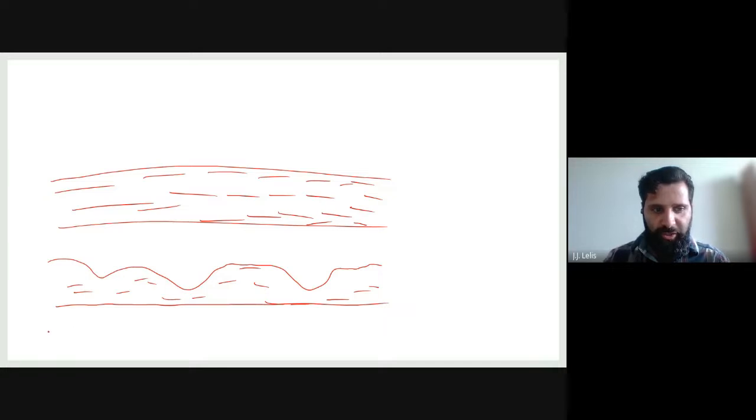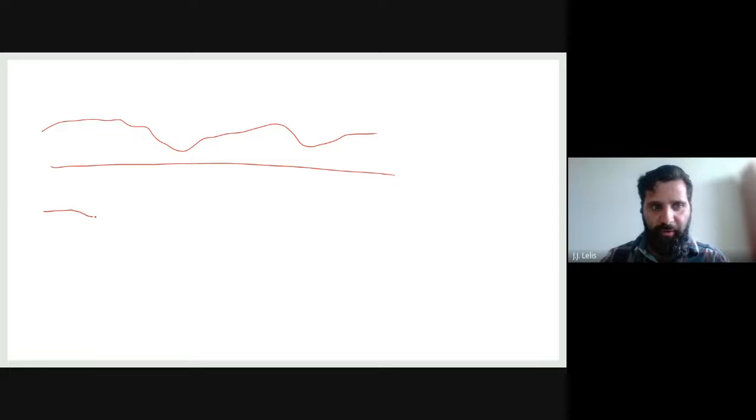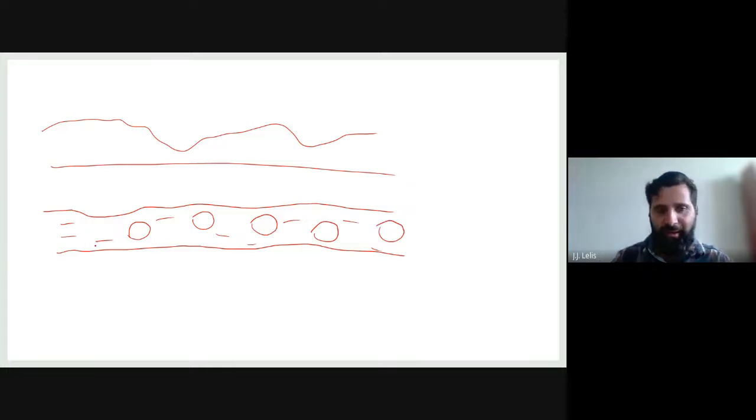And if this material, let me try again, if this material that has an irregular surface now is only a stratum that is parallel, because the clay was well distributed to produce a parallel surface, you can preserve some water bubbles or air bubbles inside this thin clay layer.